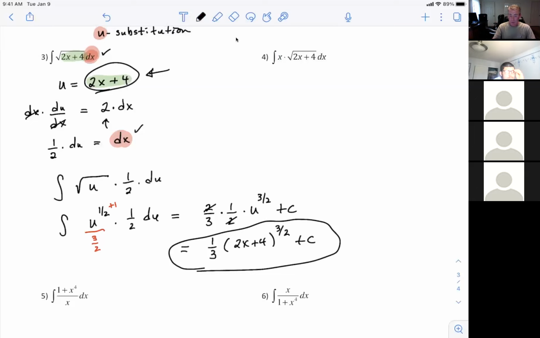Now, what if it's the same problem basically, but then it has this extra x? So again, use u substitution. So let u equal the inside part, 2x plus 4.